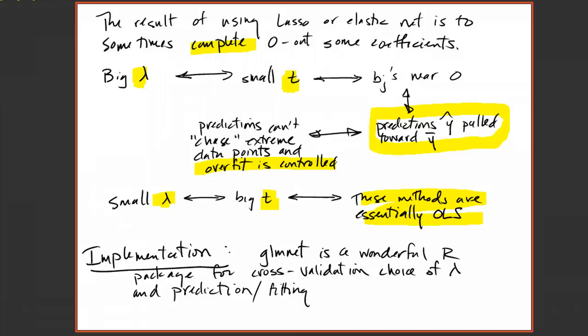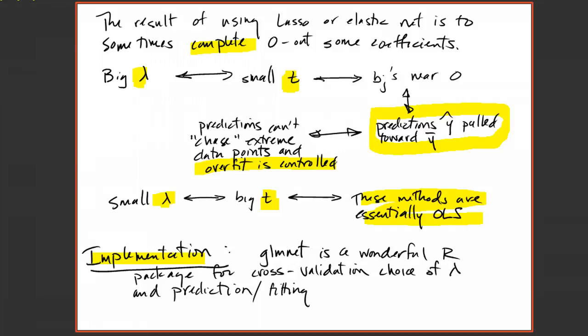That's the thinking about the methods. That's the high level overview of what they intend to accomplish. There's the question of how to implement them. And there's a wonderful R package called glmnet that will allow us to do cross-validation choice of lambdas for lasso, for ridge regression, for elastic net, and to do corresponding prediction and fitting.